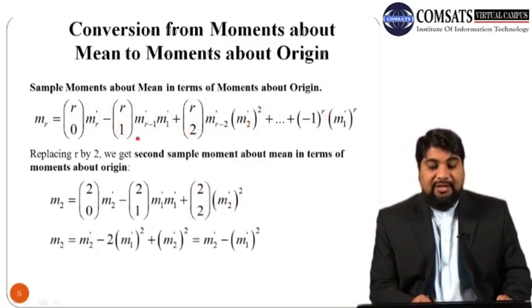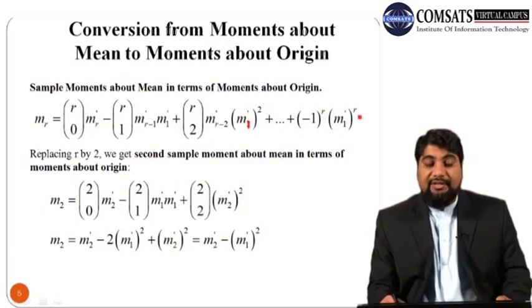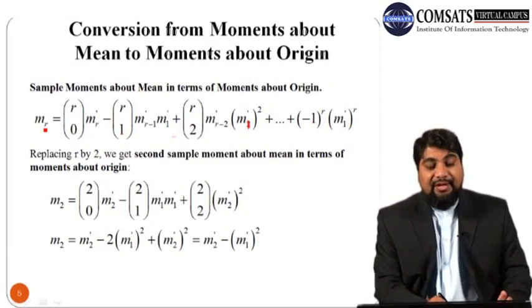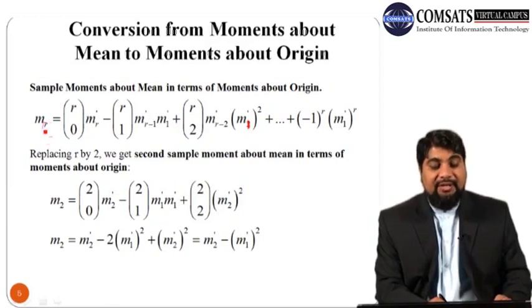So similarly we can use the same formula. There is a slight correction here: we have m1 dash square, and the rest of the formula is fine. In order to calculate the second sample moment about mean in terms of moments about origin, just replace this r by 2. So replacing r by 2, we get m2.